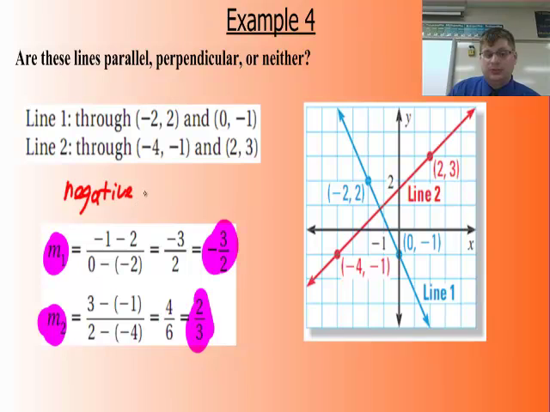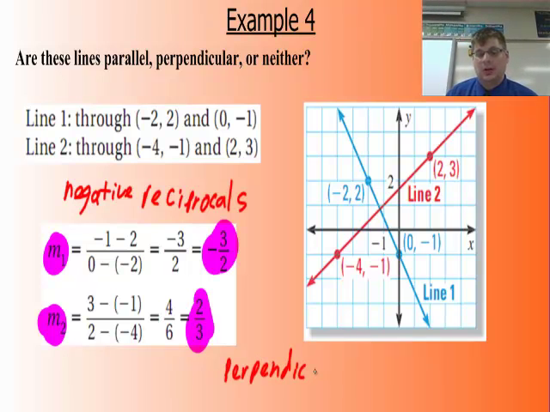If the slopes are negative reciprocals, then that means the lines are going to be perpendicular to each other. So negative reciprocals means we're going to have perpendicular lines, like so.